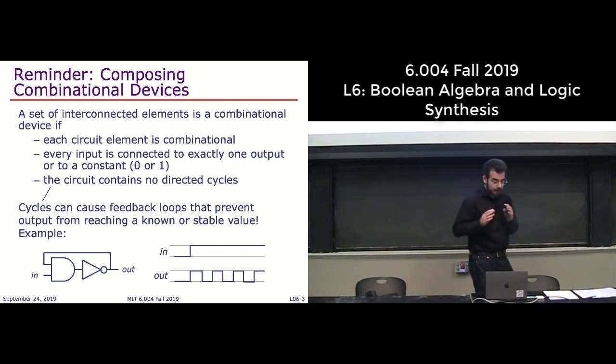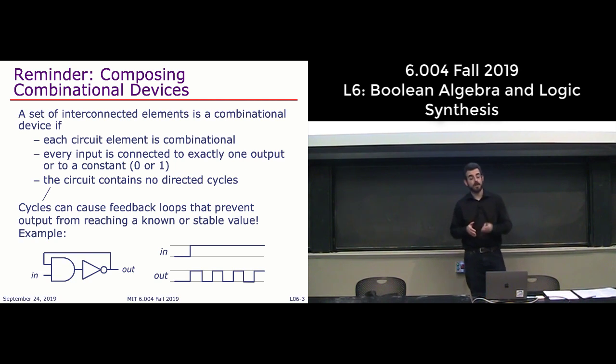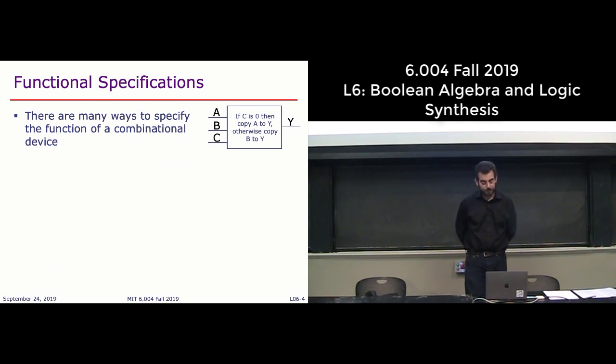Beyond the specific details, these circuits are very hard to analyze, and that's why we're going to disallow cycles to compose digital devices. Remember this, because lack of cycles is going to be a theme throughout most of digital design. We'll eventually have cycles, but very carefully engineered cycles to have memory. We'll get to that in 3 or 4 lectures.